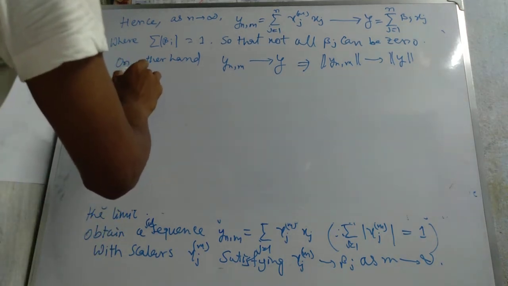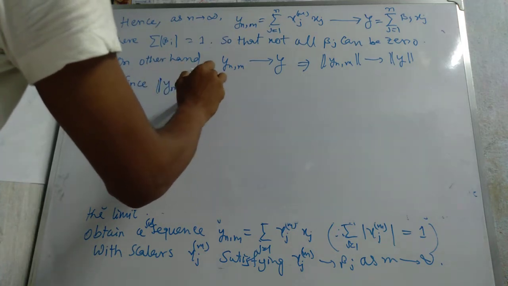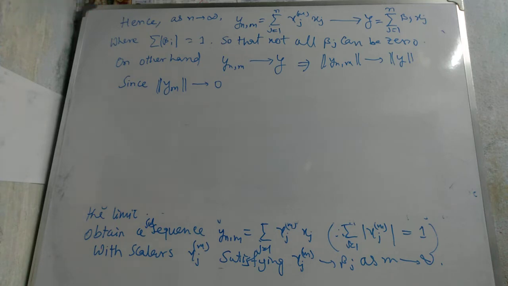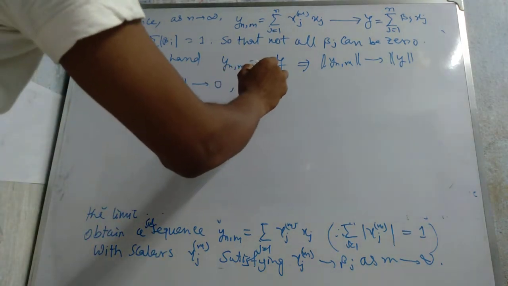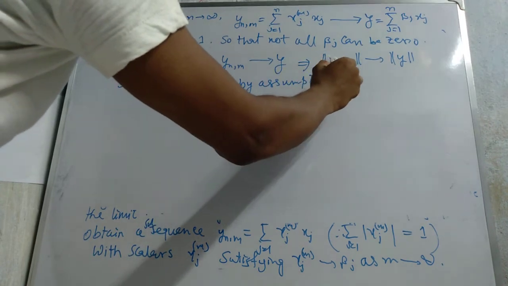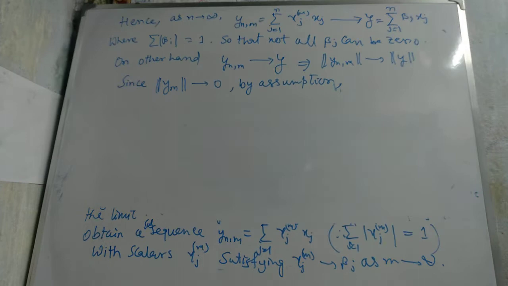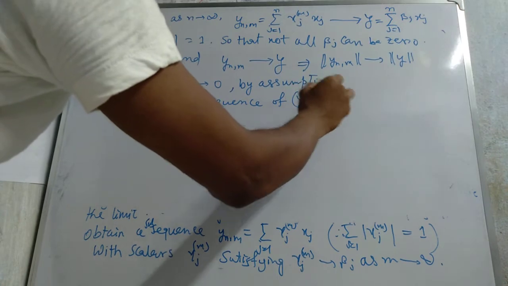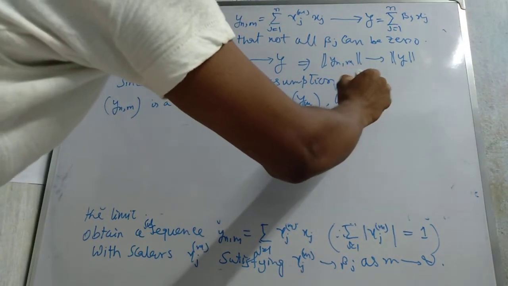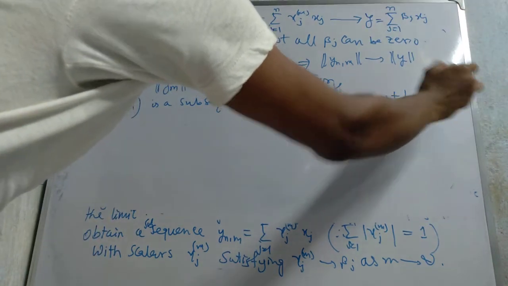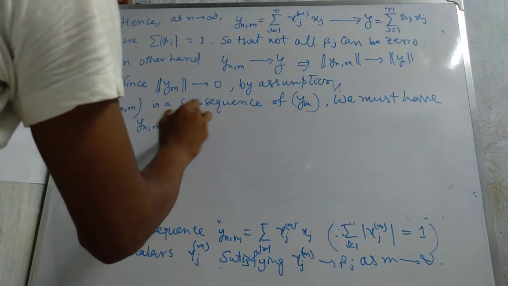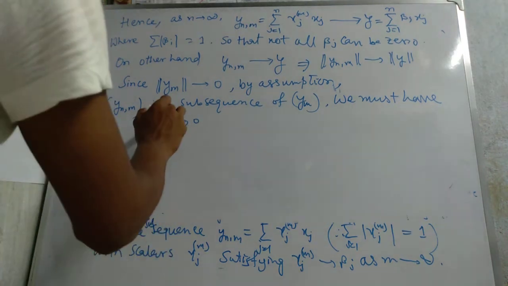And since the norm of ym tends to 0 by assumption, and ynm is a subsequence of ym, we must have the norm of ynm tends to 0.